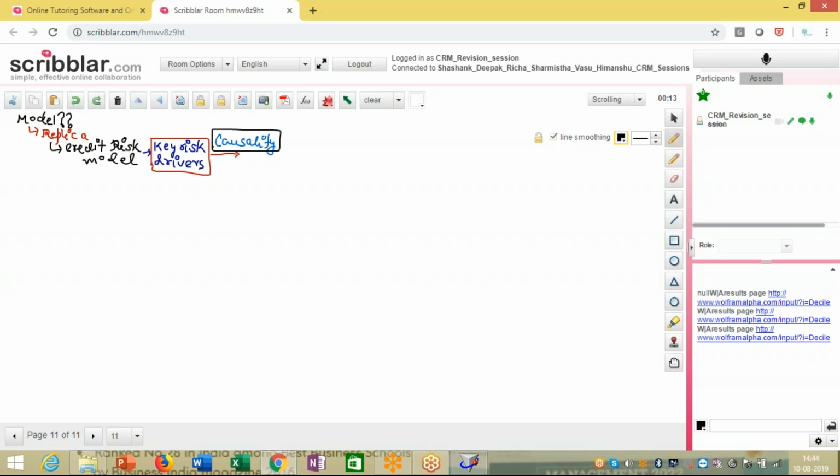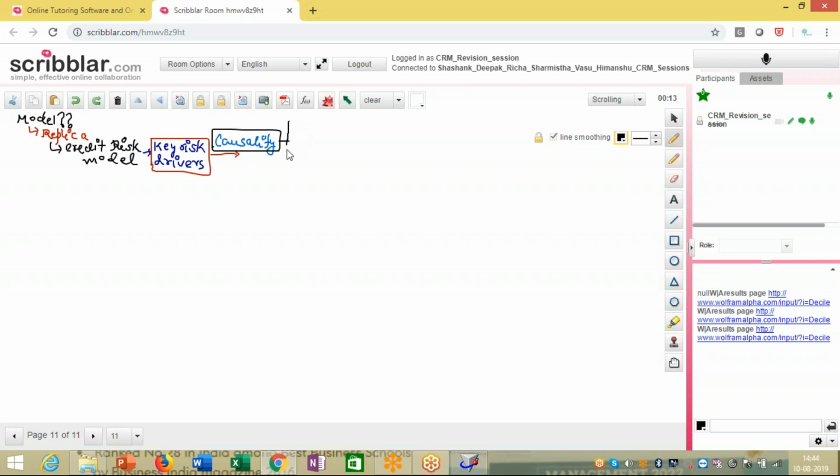Now with this, the next question that comes to us is: what are the types of dependent variables, and for each kind of dependent variable, how would you choose your models, right? When I talk about causality, it is between two things, the dependent and the independent variable.